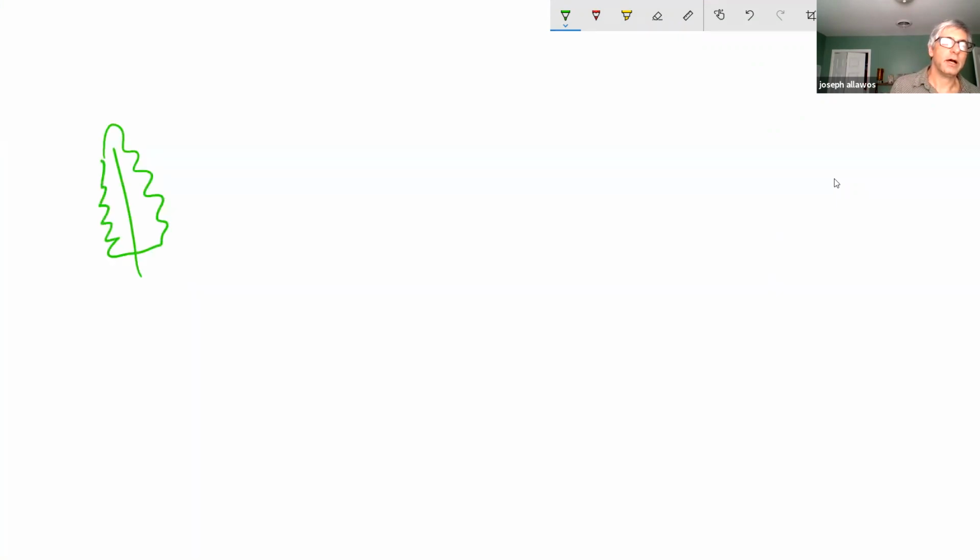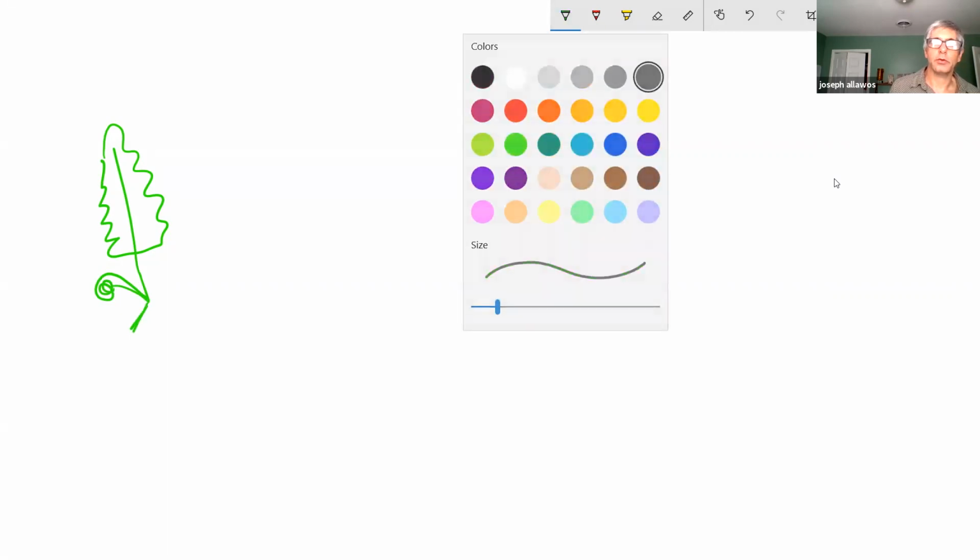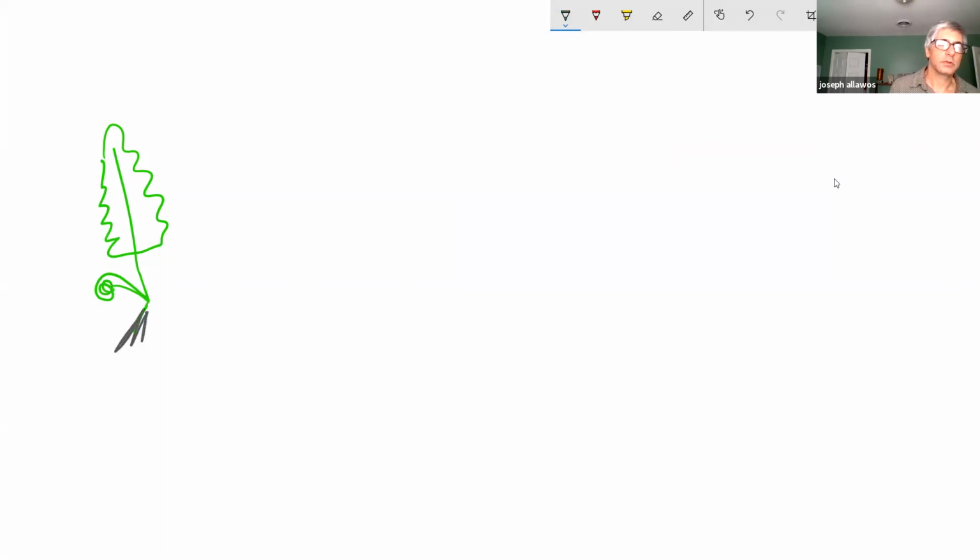Like I said, now, let me draw a fiddlehead there. Whoop. And let me draw a rootstock. Let me draw the rootstock in brown. So ferns are typically perennialized by a woody rootstock or rhizome.